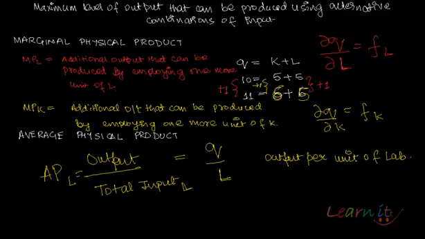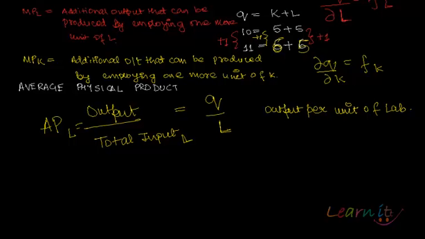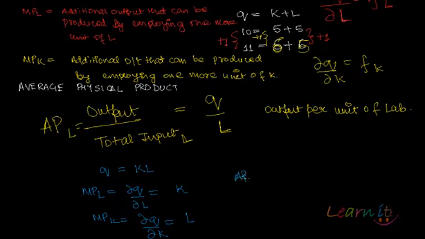Suppose you have the production function Q is equal to KL. What is MPL? It is del Q by del L, which is just K. What is MPK? It is del Q by del K, which is L. What is APL?